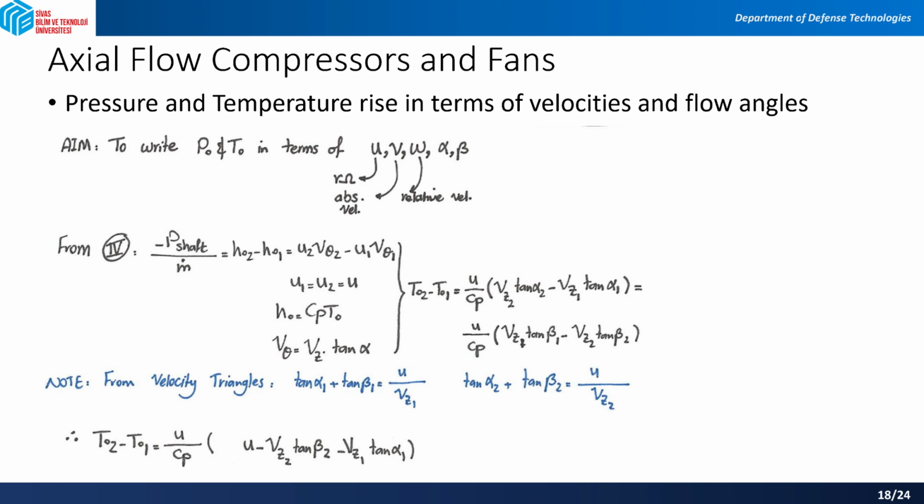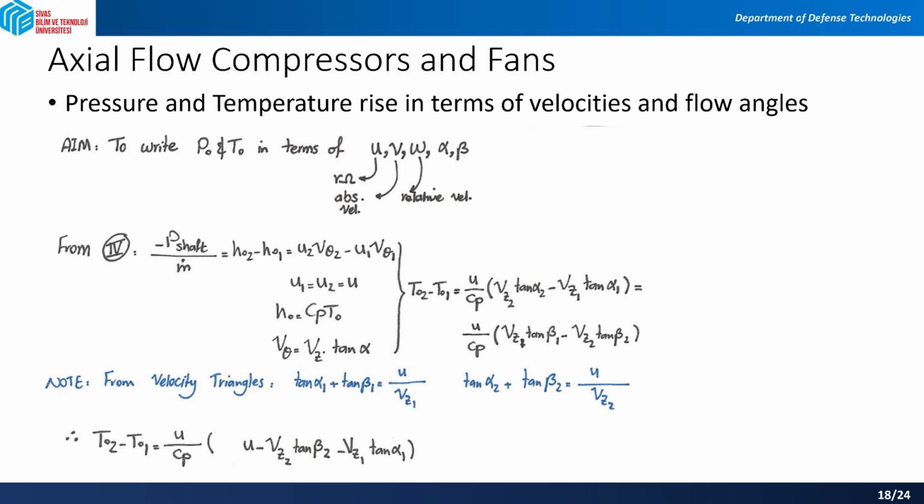So these velocities u, w, and v, and also these alpha and beta angles, we want to express the change of pressure and temperature in terms of these, right? So we have peripheral velocity u, r omega. We have absolute, we have relative, we have alpha and beta.